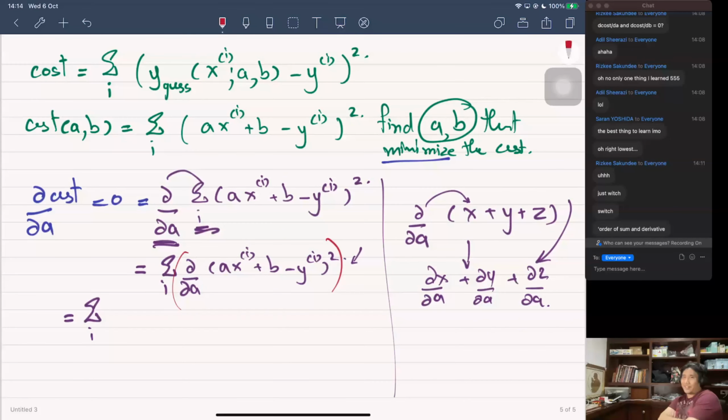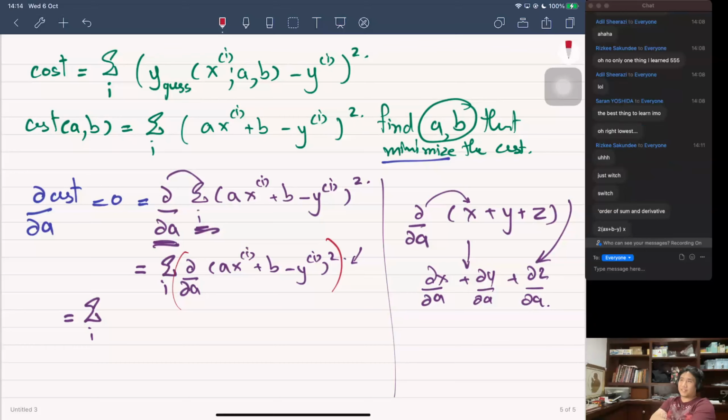What do I have? The first thing that I should write is what? Anyone, help me on this one. Very good. Thank you, Risky.